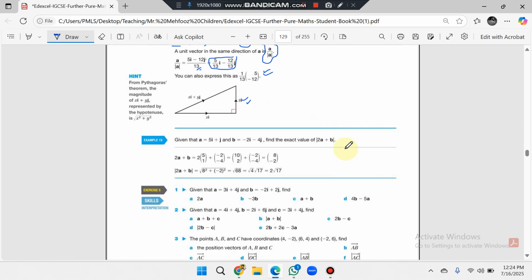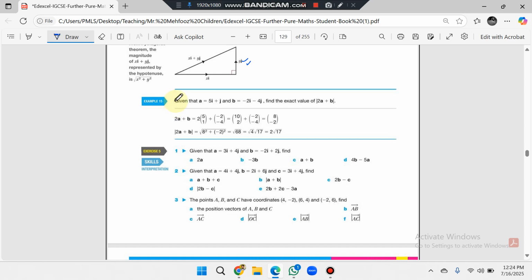No. Okay, next is given that a is equal to 5i plus j and b is equal to minus 2i minus 4j. Find the exact value of 2a plus b. So first of all, we have to find the inner term, that is 2a plus b. For that, we first find the value of 2a. 2a can be found by multiplying 2 with vector a.